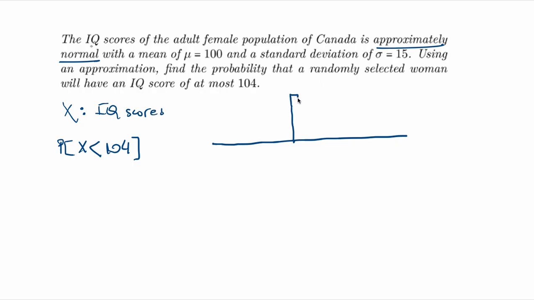So if you remember the good approximation steps, the first thing you should do is a mock histogram. So if I do a mock histogram of the IQs, I will have something that is very close to a normal distribution. Okay? What else did it say? It said that the average is 100.